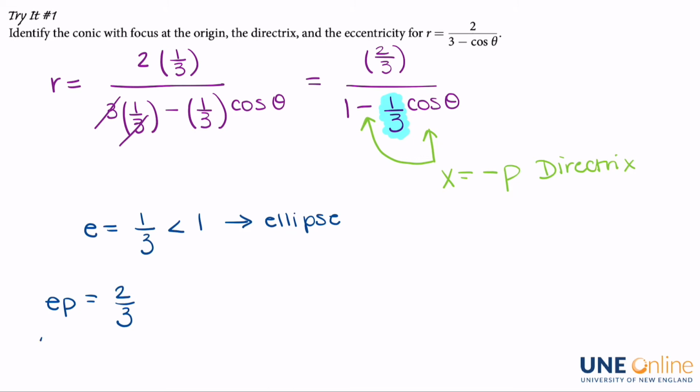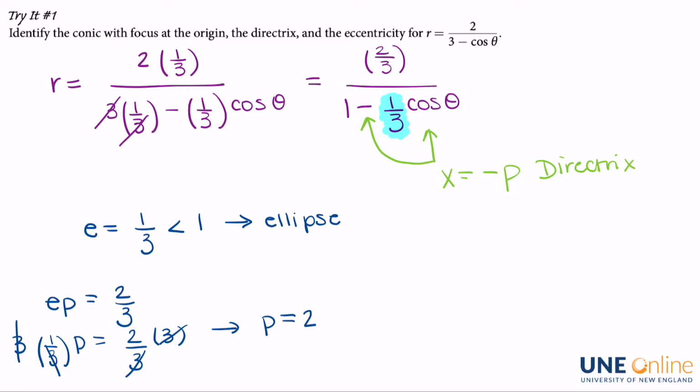We already said e was equal to 1/3. So 1/3 p is equal to 2/3. Multiply both sides by 3 to cancel out the 3 in the denominator on the left side, and we'll cancel our 3's on the right side as well. And now we have that p is equal to 2.